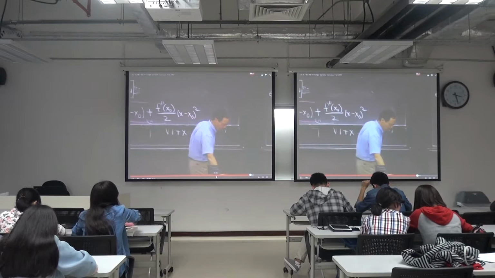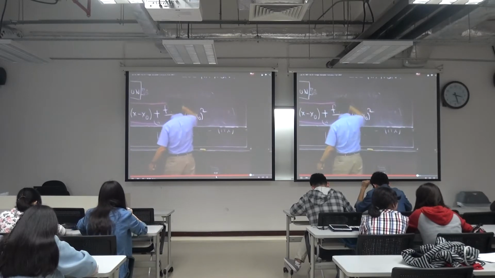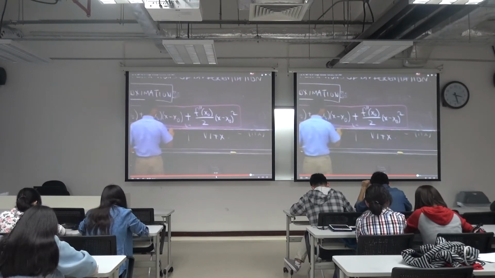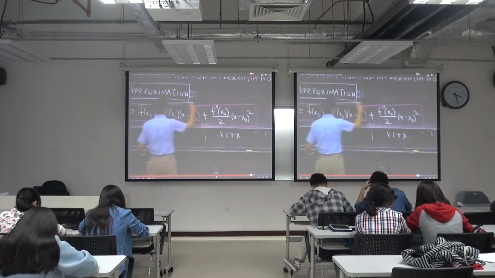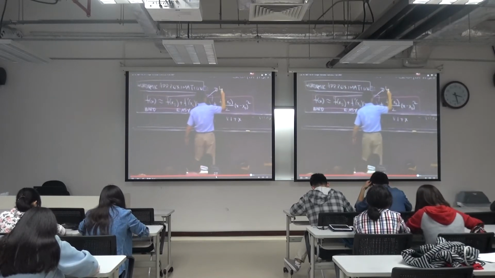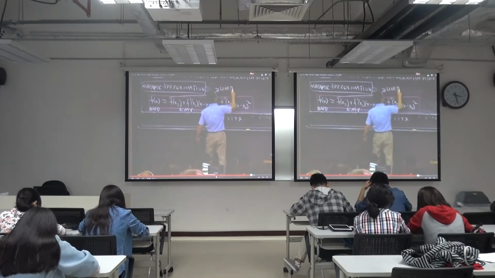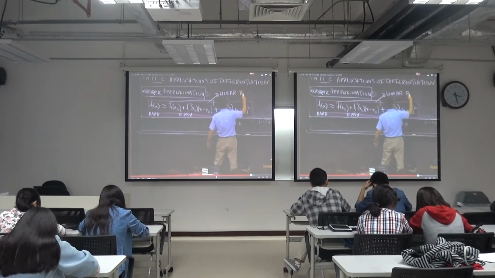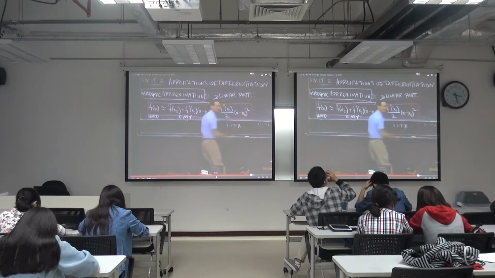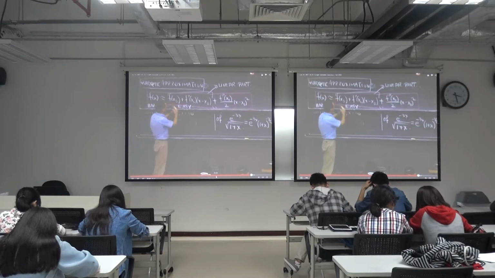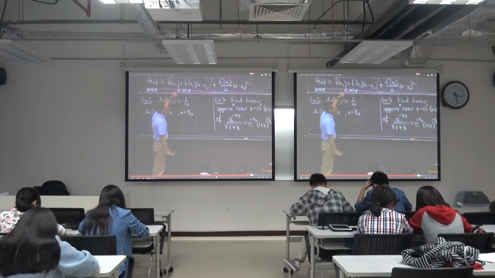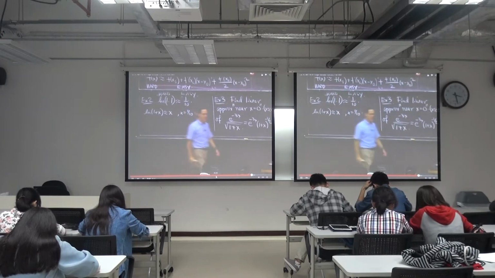All right? So this is the formula for the quadratic approximation. And this chunk of it, of course, is the linear part. This time I'll spell linear correctly. So the linear part is the first piece, and the quadratic part is the second piece.